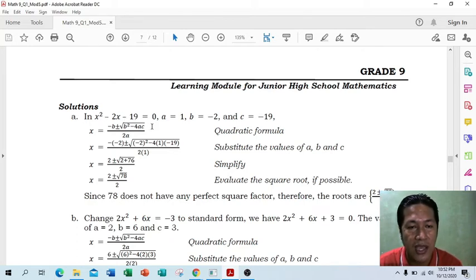So A here is 1, B is negative 2, and C is negative 19.